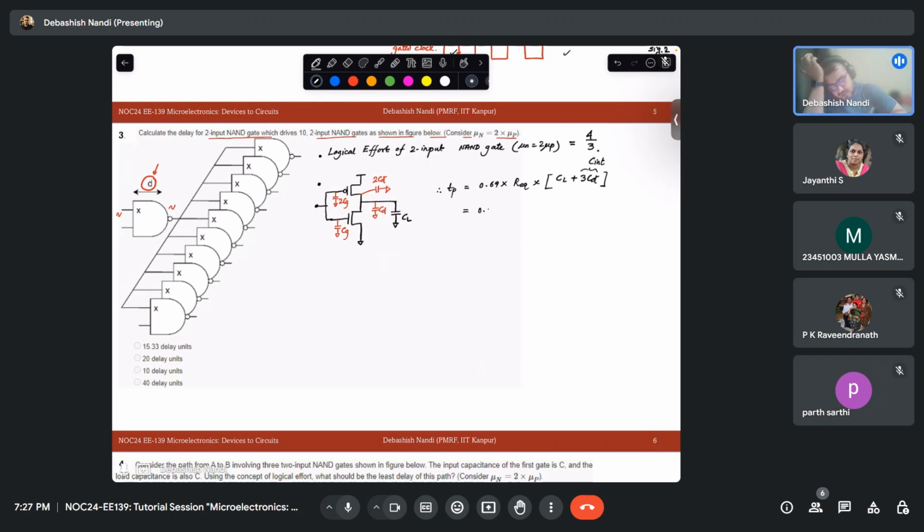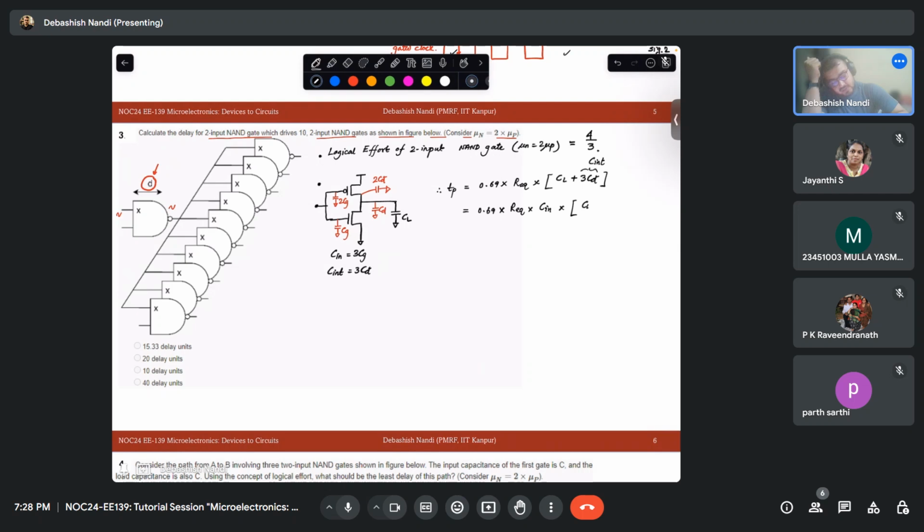So what was going on there? This is R equivalent. We were multiplying it with C input. And what was my C input? C input was 3CG and C internal was 3CD, right?